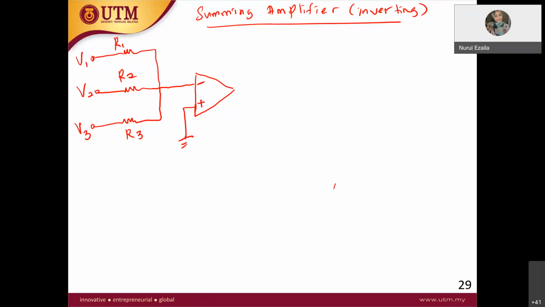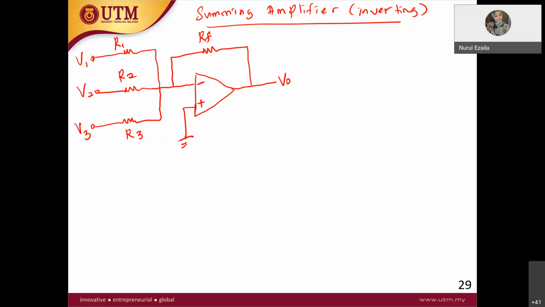And of course, you have the RF. So you have to write down everything so that you won't forget. I think it's better to write all the notation.